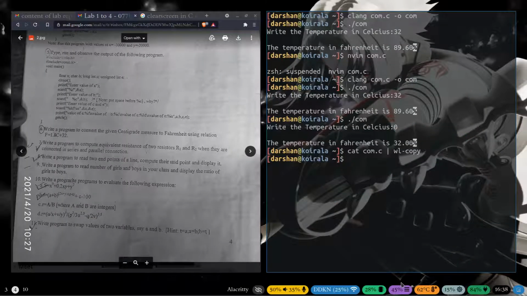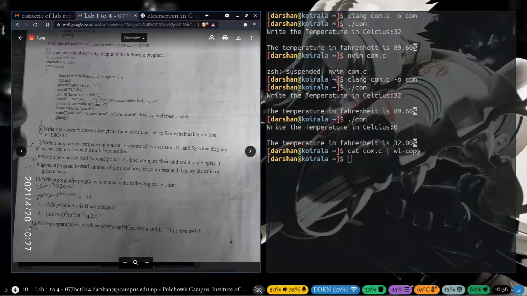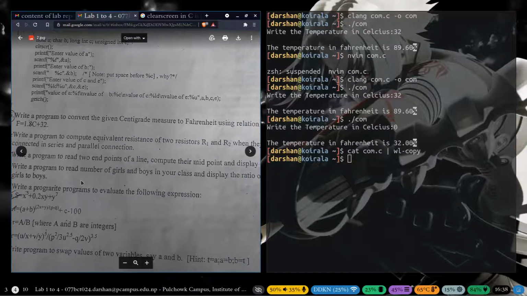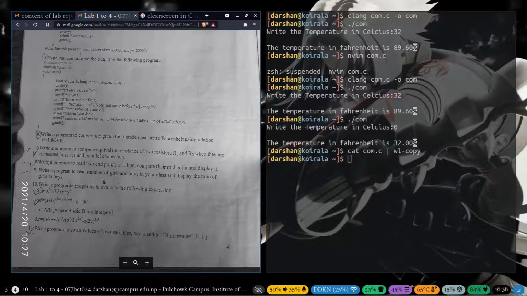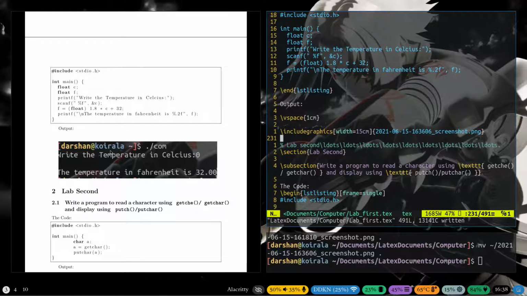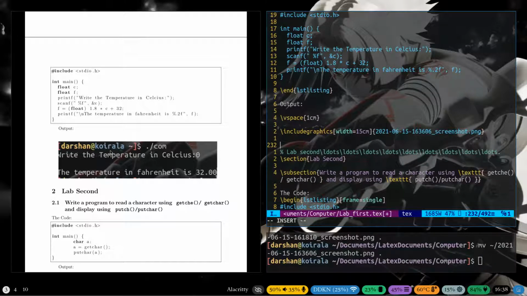Now the other one. Fahrenheit is finished, right? Write a program to compute the equivalent resistance of two resistors when they're connected in series and parallel combination. Subsection.